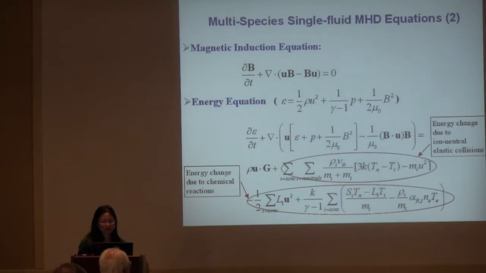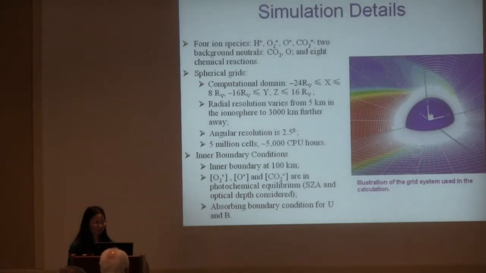So the model is solved using the Michigan BATS-R-US code, and I'm sure you never heard about it this week, especially this morning. So here is the normal setup of the simulation, and I'm using Venus as an example.